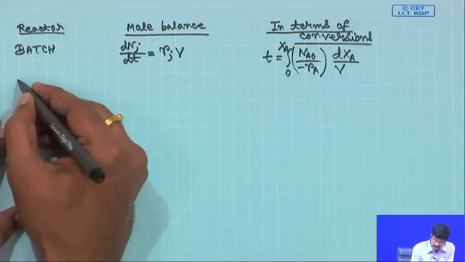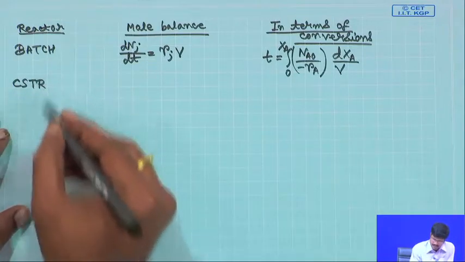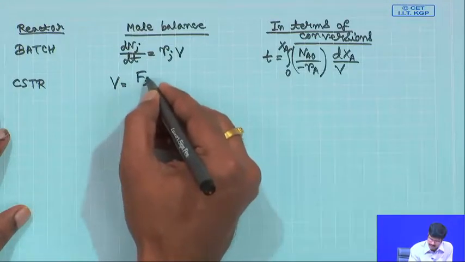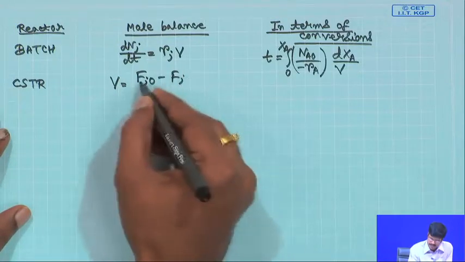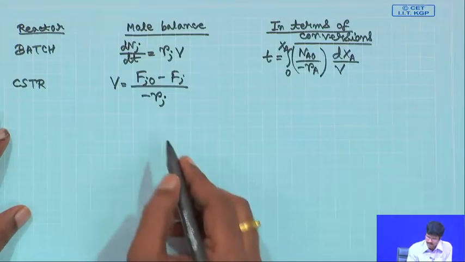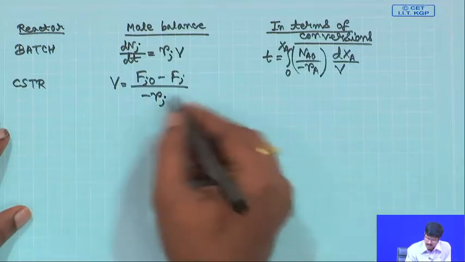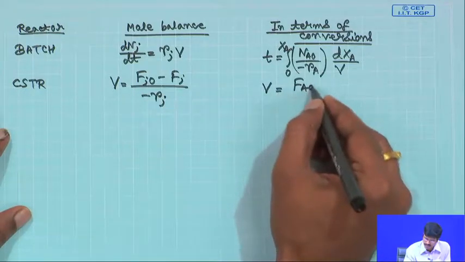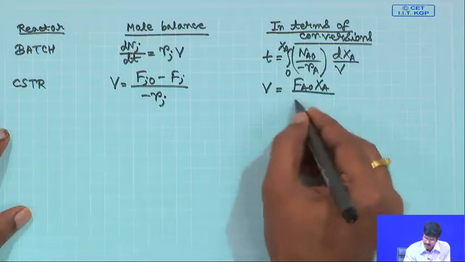That is batch. If you are looking at the CSTR, then your mole balance equation is V equals F_j0 minus F_j, molar flow rate in minus molar flow rate out, divided by the rate of generation of the species j, and then this can be expressed in terms of conversion, which is more practical, as F_A0 x_A divided by minus r_A.